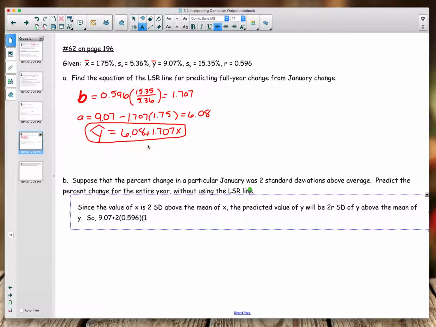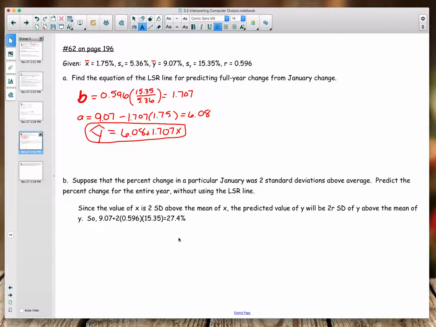Your 9.07, so the mean of y, plus 2, and the 2 comes from it being 2 standard deviations, and you do times r, which is 0.596, which was given, and then the standard deviation of y, so that's your 15.35. Okay, so that's how you're plugging that in there, and that's going to give you 27.4% once you work that out. Okay, and that's just using that last thing that we did on that previous page.